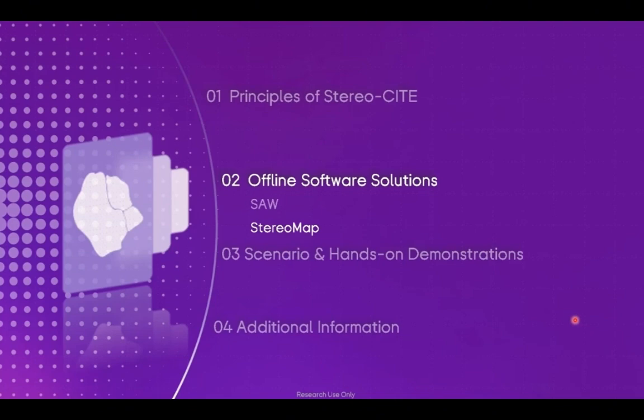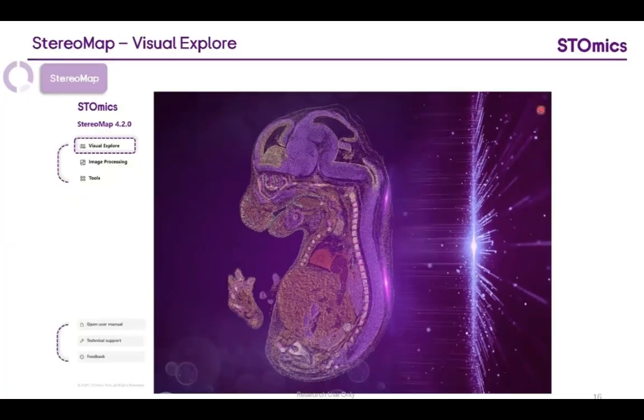Okay, this was about the main features of SW. Now let's move to StereoMap, our tool for visualization and exploration. Here is the main interface of StereoMap version 4.2. It has three modules: Visual Explore, Image Processing, and Tools.